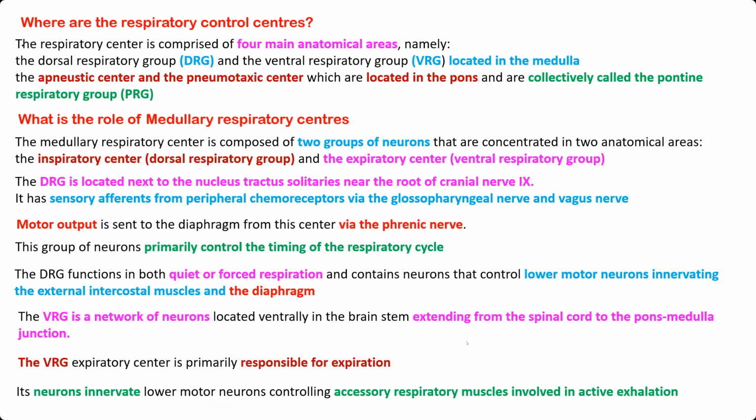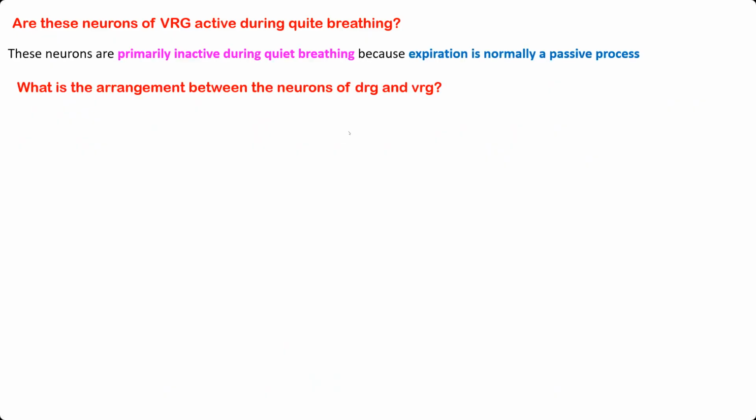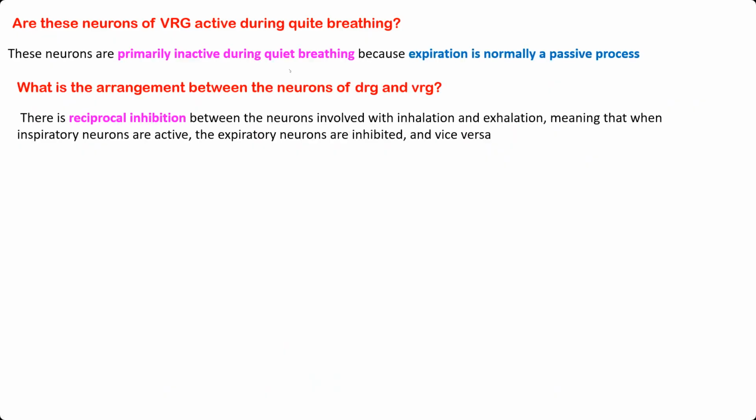Whenever you have to do a forced exhalation, you have to use the accessory muscles also, like in asthmatic patients with breathing difficulty. These neurons do not act in quiet respiration, because expiration is a passive process, as I've told regularly.